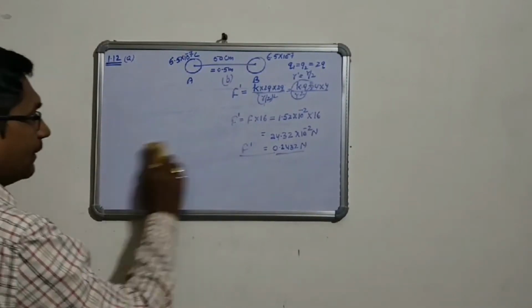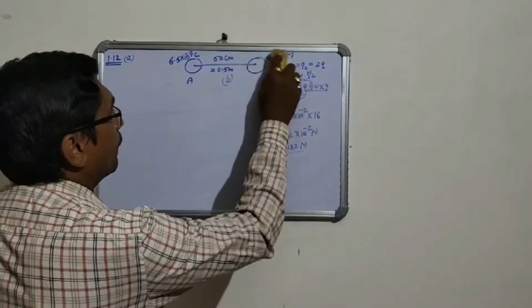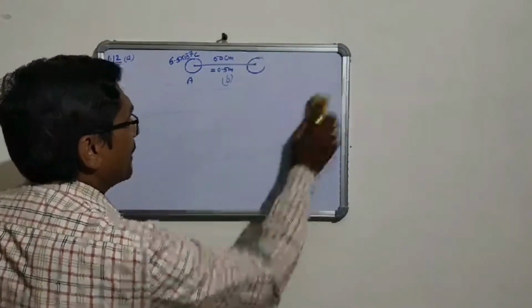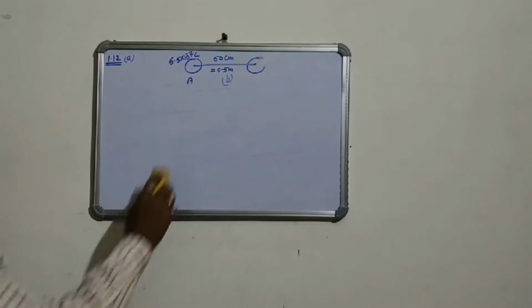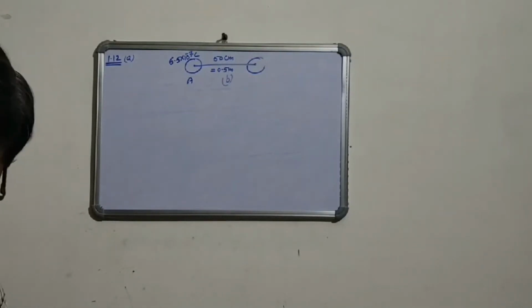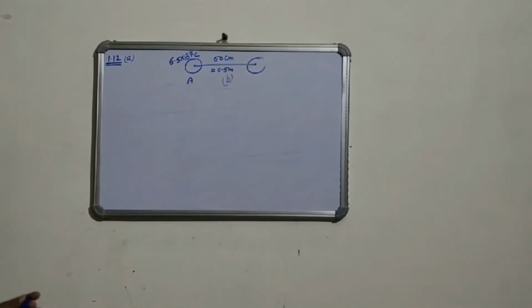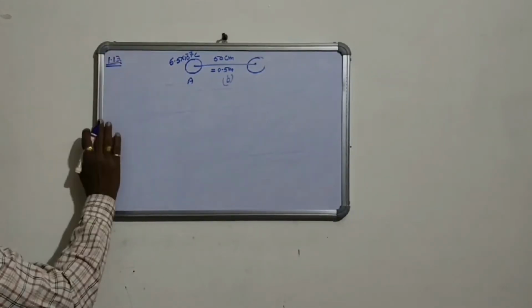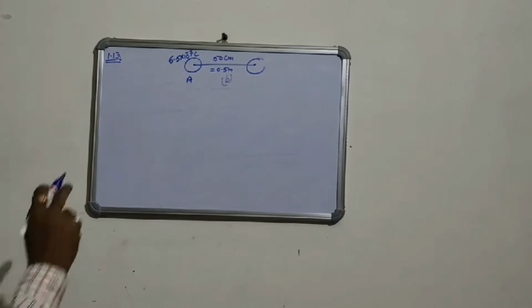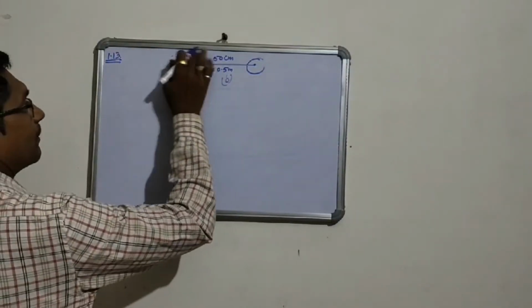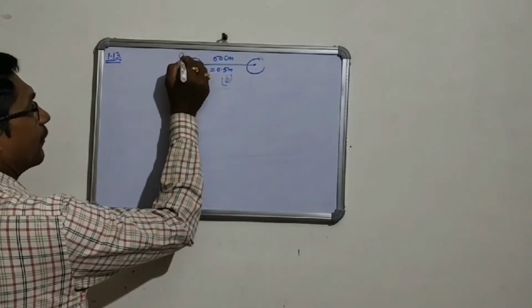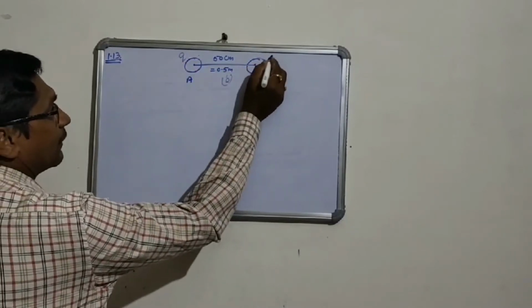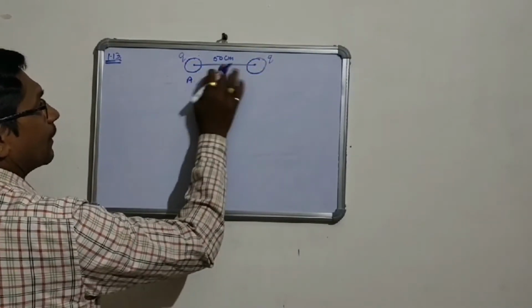Question number 1.13 is linked with question number 1.12. Let us assume the magnitude of charge on sphere A is Q, and on sphere B is also Q.